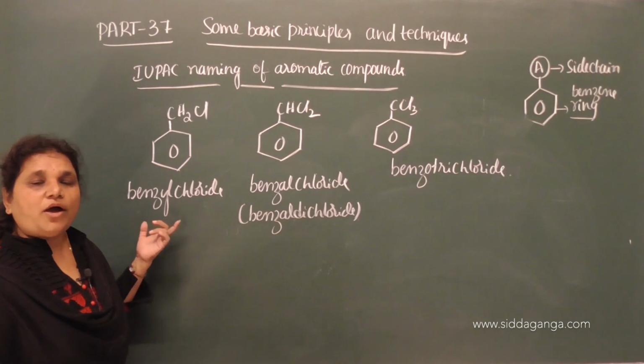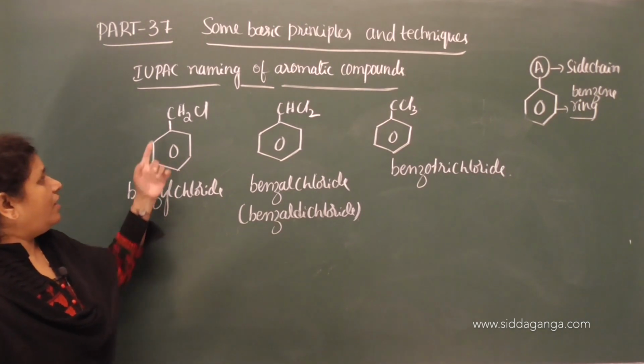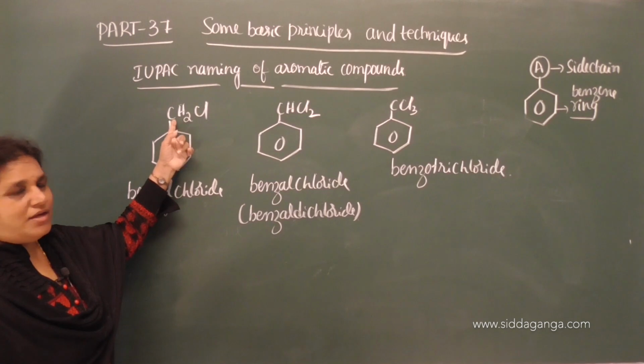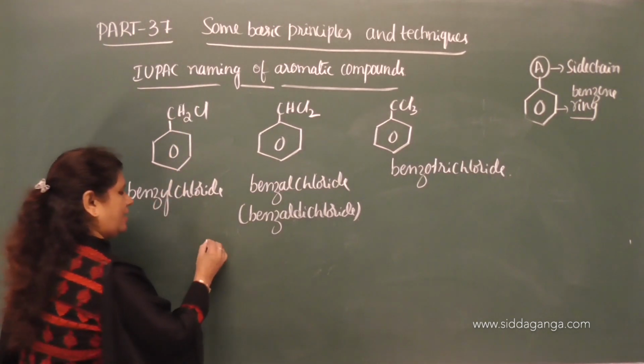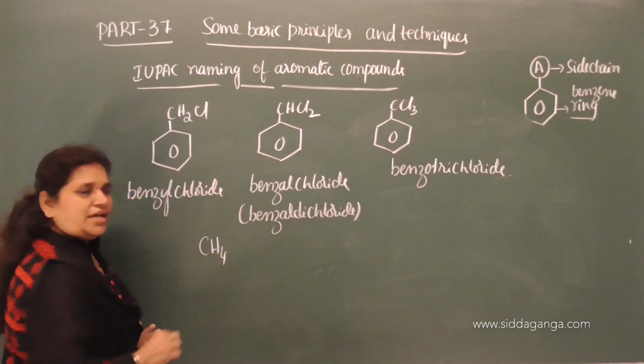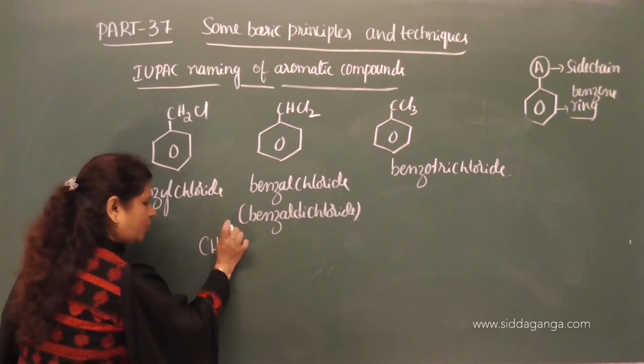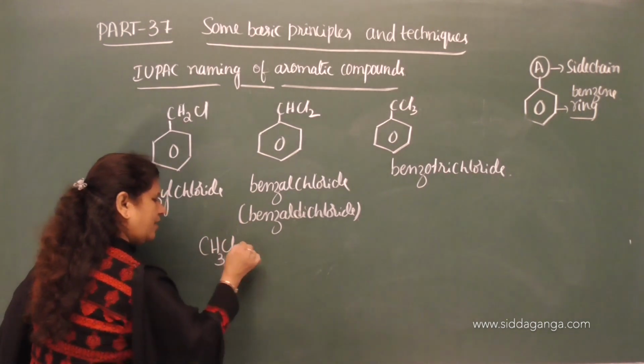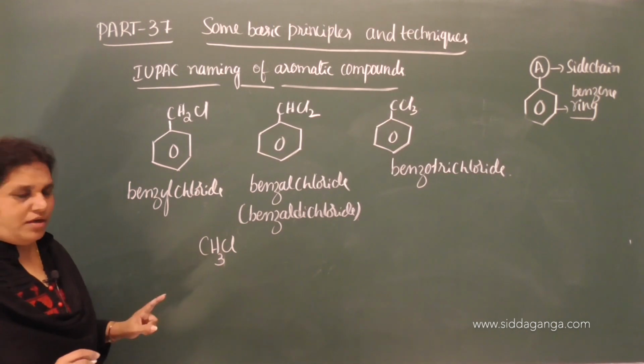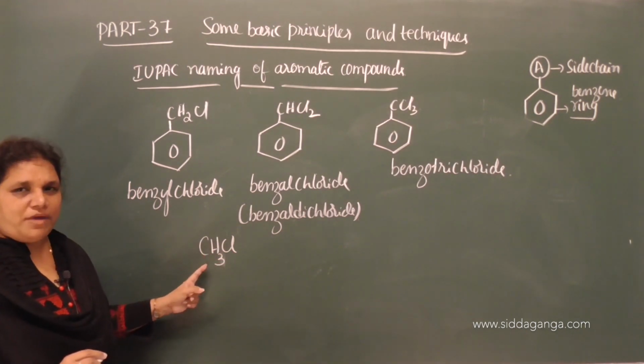Now, these are the common names that we can use, or the special names you can say, but while naming according to IUPAC nomenclature, so this is one carbon. CH4 is methane. Remove one hydrogen and substitute it with chlorine, then it becomes chloromethane.